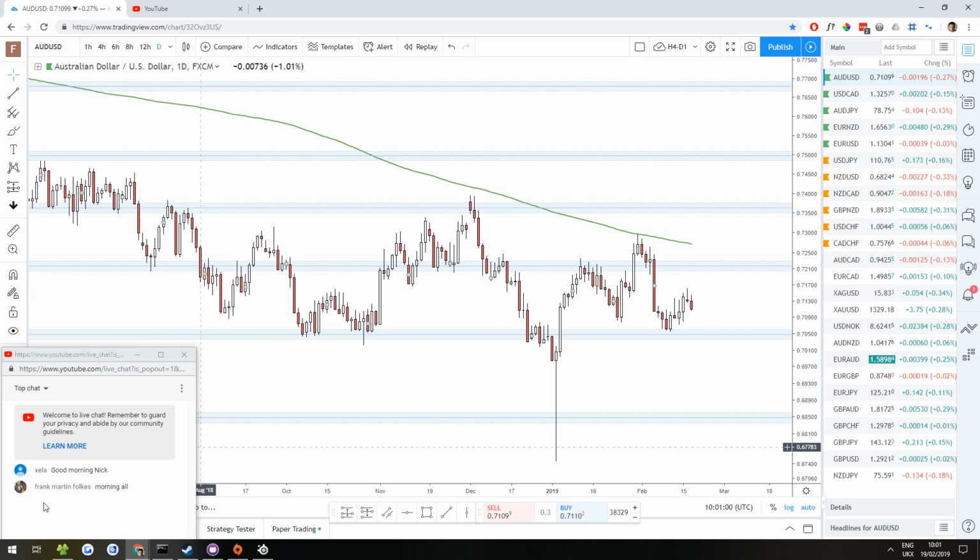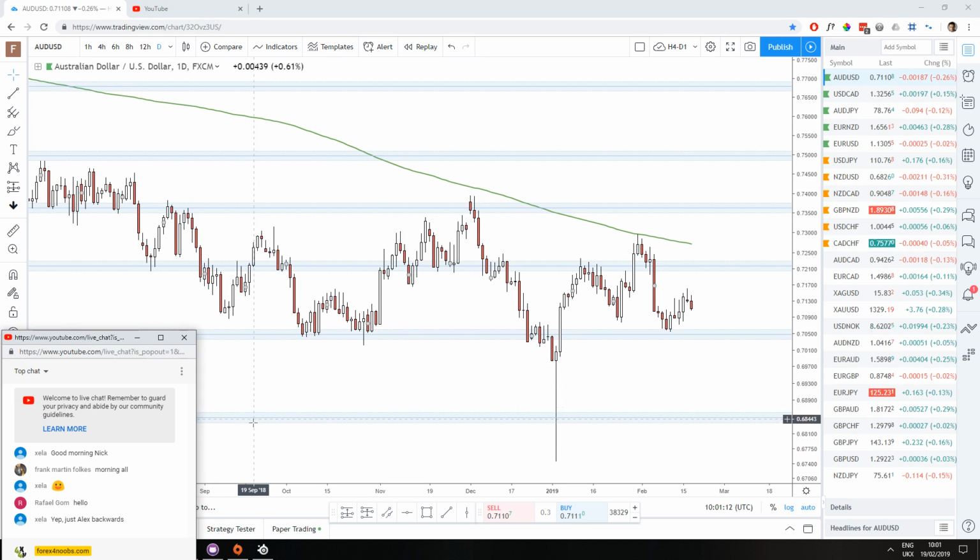I don't know why it took me that long to realize that, but sorry, it's not even a rearranging, it's just Alex backwards is what I mean to say. I don't know why it took me like the year that you've been a member to realize that. But there you go. Anyway, morning Alex and Frank and Raphael.